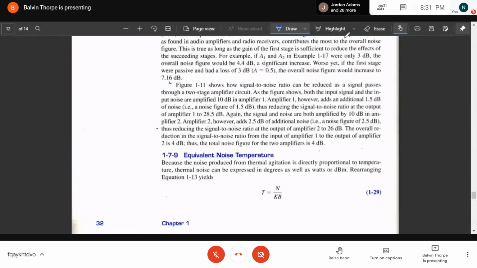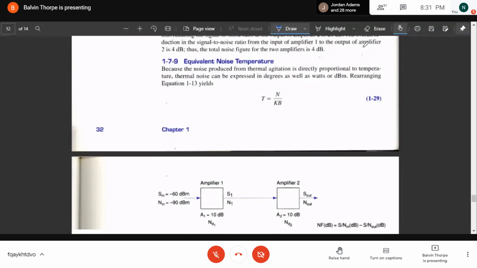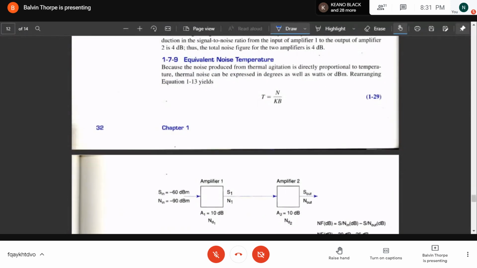The last thing that I want to look at on the noise is the equivalent noise temperature. So remember, kTB is used to determine the noise power of a communication system.